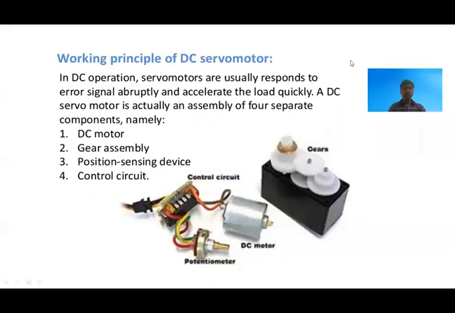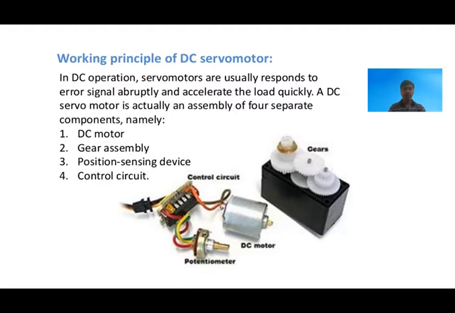We will see the general working principle of DC servo motor. The basic components in a DC servo motor are the DC motor, gear assembly, a position sensing device like a potentiometer, and control circuitry. When the supply voltage is applied through the error amplifier to the DC motor, the DC motor keeps on running at a speed, and that speed is fed back to the error amplifier through the gear mechanism by sensing with the potentiometer.